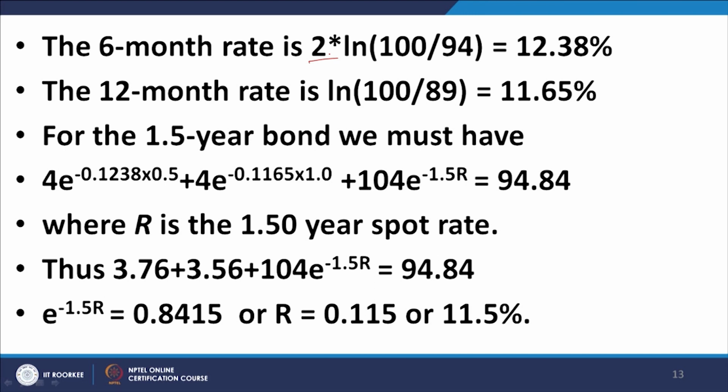Similarly, the 12 month or the 1 year spot rate is given by, now because this is a 1 year rate, we do not have to multiply by 2 here, log of 100 upon 89, which comes to 11.65%. For the 1.5 year, please note here, we do not have the spot rate for 1.5 years, because we cannot have it directly, because we do not have a 0 coupon bond with a maturity of 1.5 years.